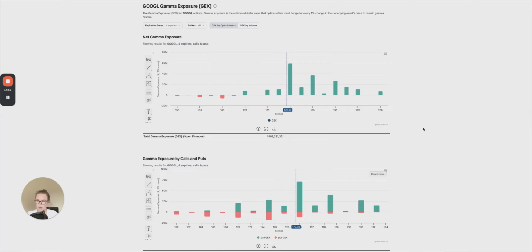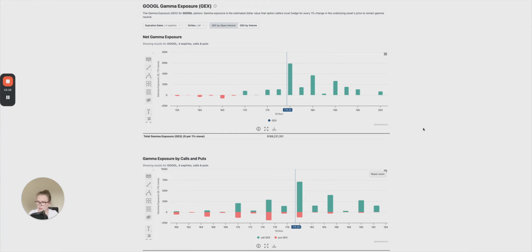Now, why is this important? What does this tell us? It's telling us a couple of things. Firstly, as price approaches 180, dealers are short these calls and need to buy shares to hedge, and this creates buying pressure initially. And that's why I say we don't expect it to hit 180 exactly and then boom, big sell off.